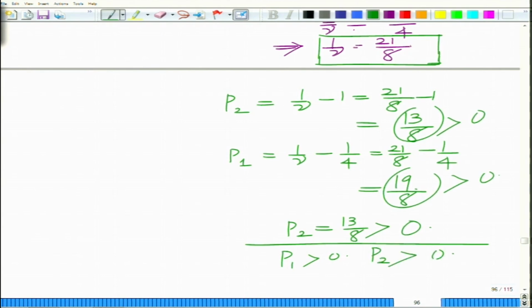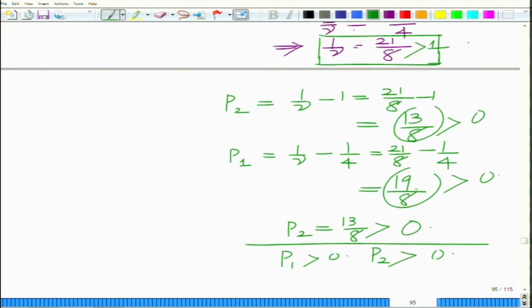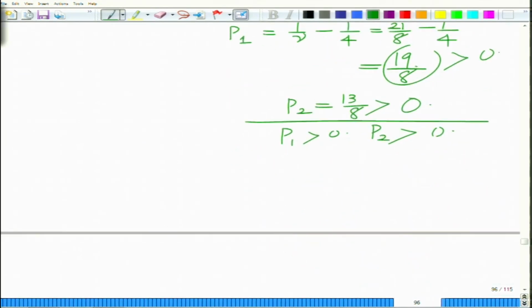And you can also see that 21 over 8 is greater than 1. So, the original assumption holds: 1 over nu is greater than 1.